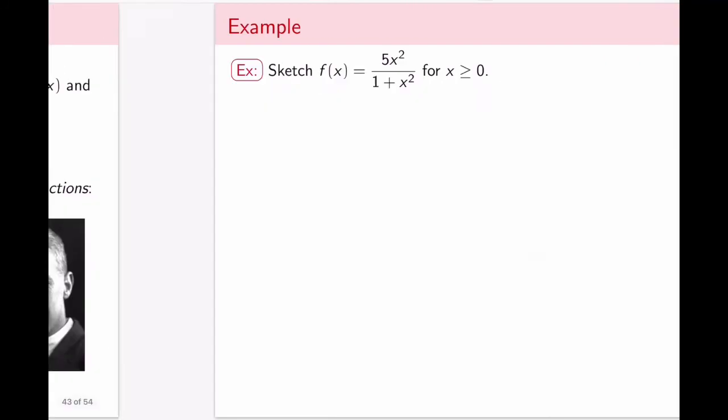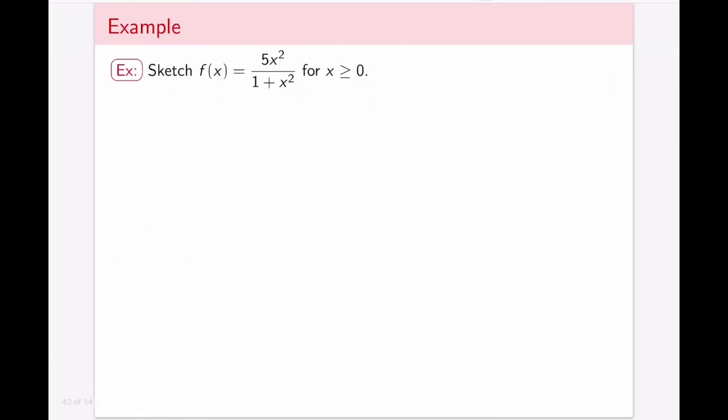So first, we're going to have an example and think about how we can sketch this function using our already developed power analysis. So what I have here is a Hill function because on top I have one term, on the bottom I have two terms, one a constant, one a power, and the power of x is the same on both top and bottom.